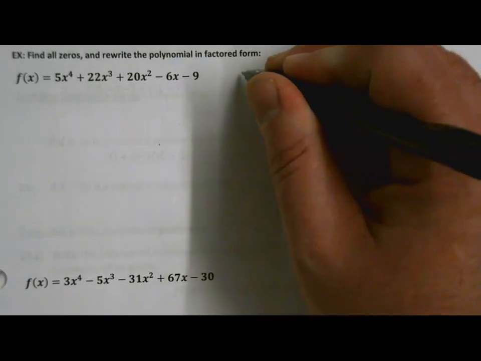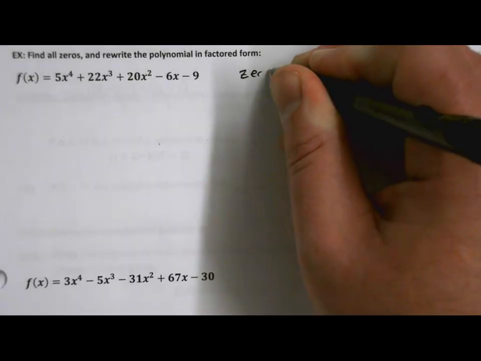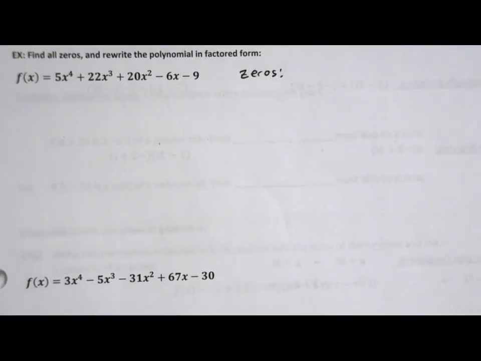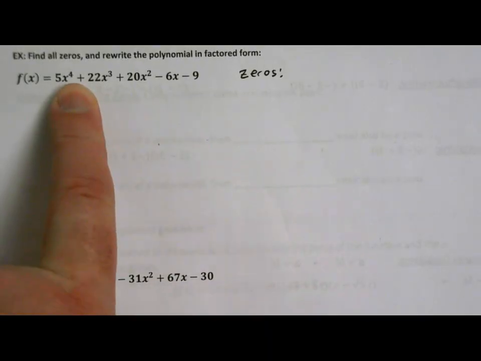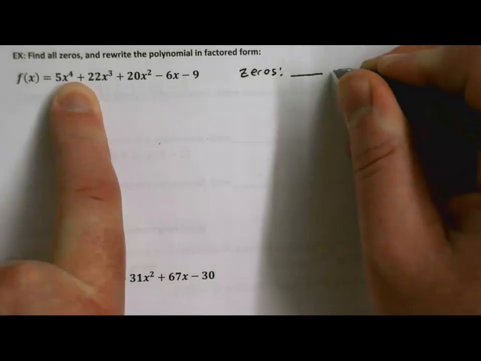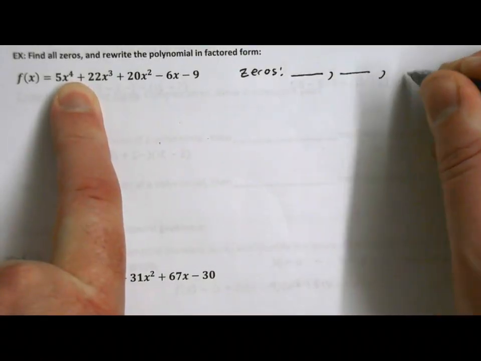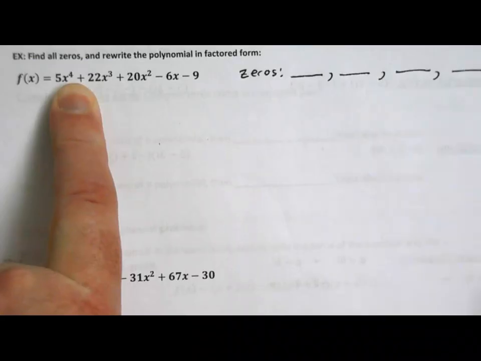So here we go. First of all, we haven't talked about this theorem yet, but I want you to look at this polynomial and predict for me how many zeros we're going to have for this polynomial. How many zeros do you think we're going to have? And the answer is that there are going to be 4. Whatever the degree of the polynomial is going to give you, that's how many zeros we're going to have. So it's a 4th degree polynomial.